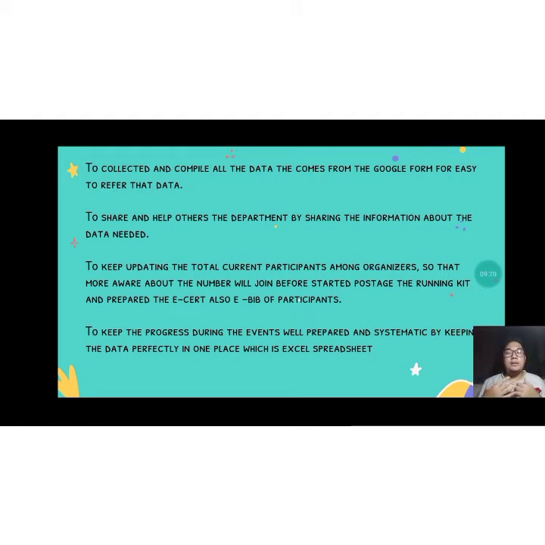The next is to keep updating the total current participants among organizers, so that they are more aware of the number who will join before starting to post the running kit, and also to prepare the e-cert and EBIP number for the participants. Last but not least is to keep the progress during the event well prepared and systematic by keeping the data perfectly in one place, which is an Excel spreadsheet.